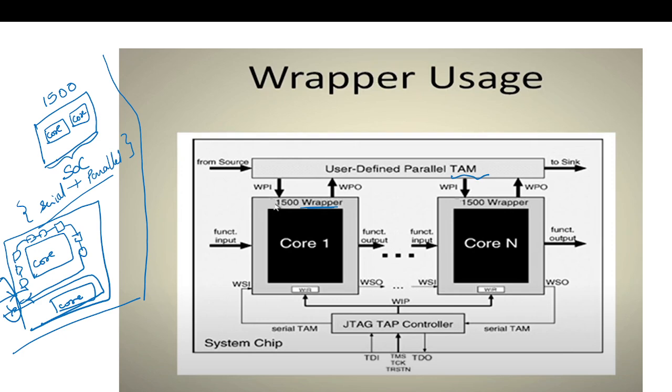Now continuing with the same topic. So this is a system chip. In the chip, that is the system on chip, SoC, we have say n number of cores. So in the standard 1500 wrapper, we will have both the user defined parallel TAM architecture and a serial TAM architecture. The serial one is the same as the JTAG standard. So we have a JTAG TAP controller which takes the input and provides the serial interface, serial TAM.